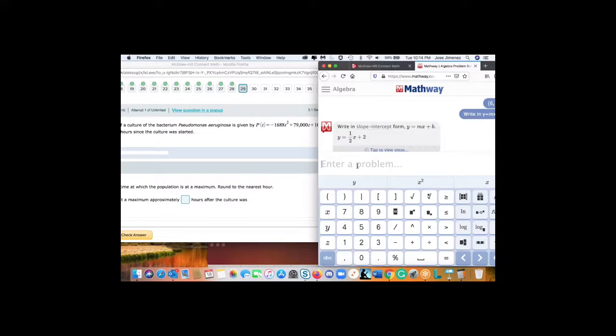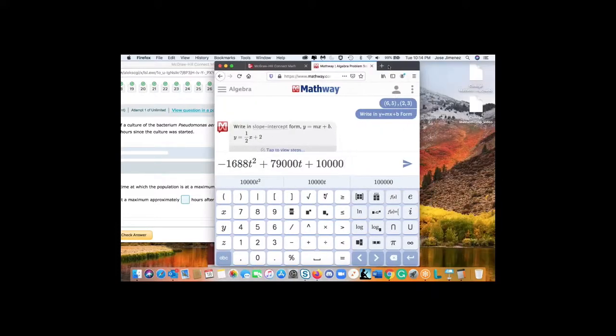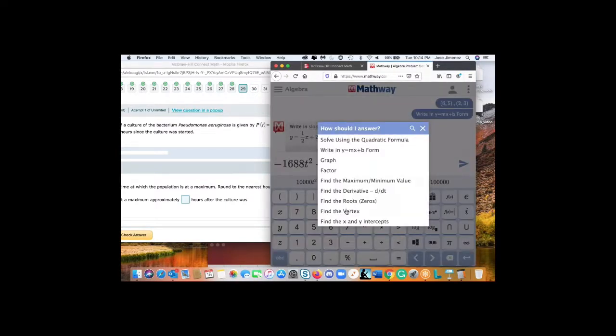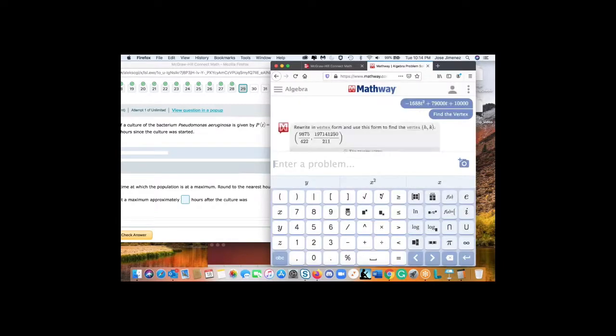So let's place minus 1 688 t squared plus 79 123 t plus 10 123. You see we have the number, and then we say compute for us, but in this case we're looking for the vertex, and that's the vertex.